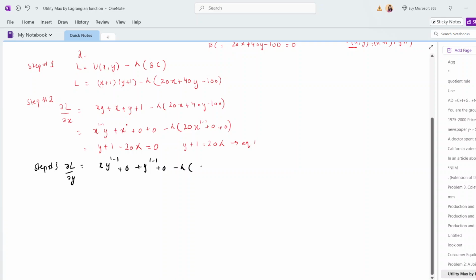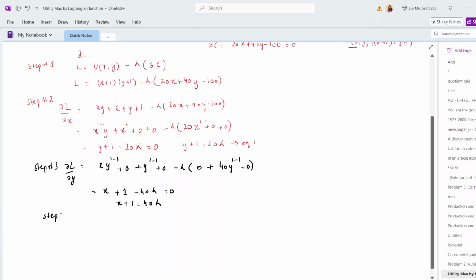Go inside this parenthesis, 20 times x is constant, it's not changing, it's going to be 0, and 40y would be 40, and 100 would just disappear. So in the simplest form, it would be x plus 1 minus 40 lambda. This whole thing is equal to 0, or I can call it x plus 1, which is equal to 40 lambda. This is our step 3.